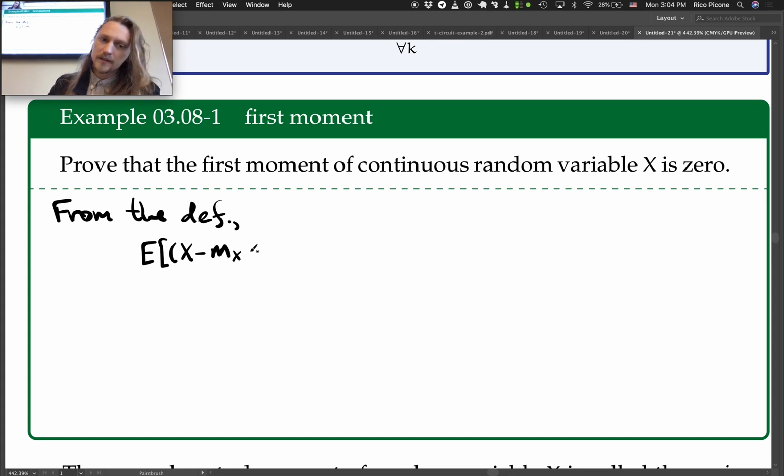I've kind of been inconsistent using mu and using m.